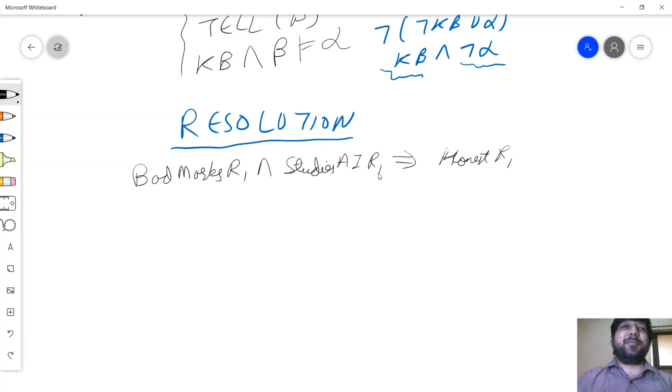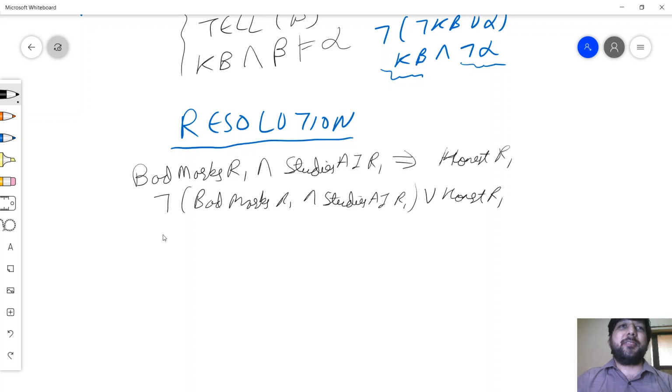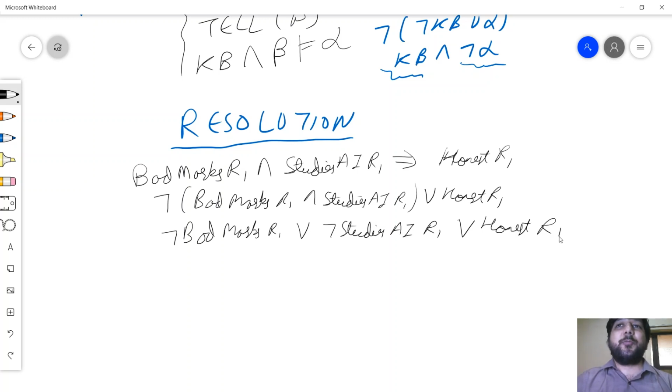Let me convert it into not A or B. So it becomes not bad marks R1 or not studies AI R1 or honest R1, where the not goes inside. Okay, so that is what I am given.